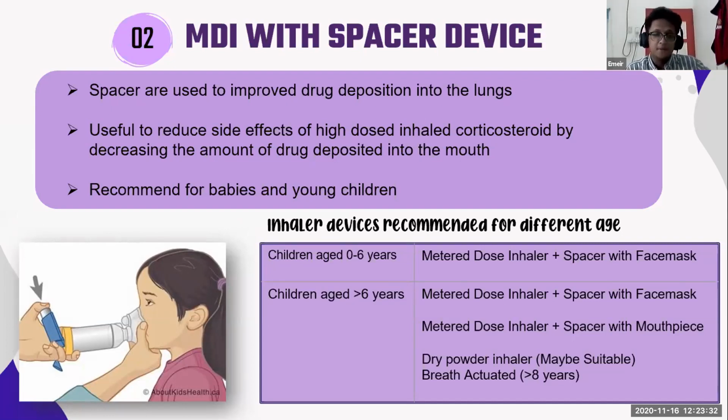MDI with spacer device is recommended for babies and young children because it doesn't require the user to have good coordination. In contrast, using MDI alone needs good coordination to push the canister and breathe at the same time. The spacer can also attach to a face mask that is suitable for children aged 0 to 6 years of age.